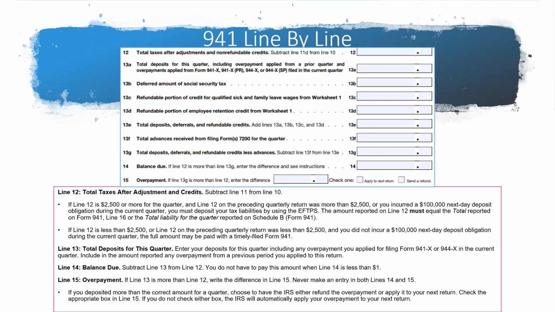That was pretty uncommon, I believe, but they did have to change that line item so that it said deferred amount of Social Security tax instead of deferred amount of employer Social Security tax when that change was made.